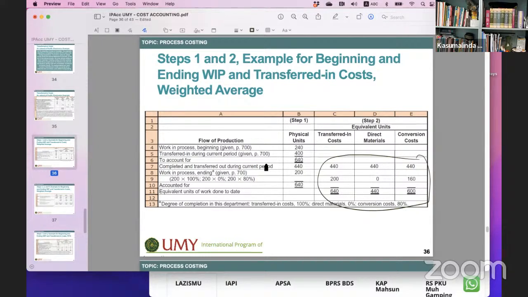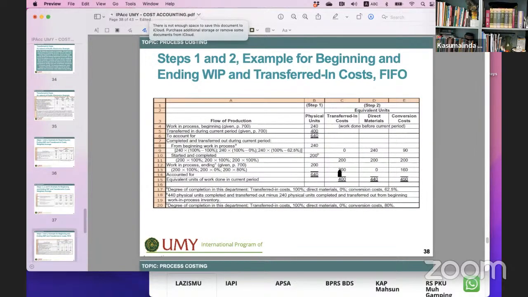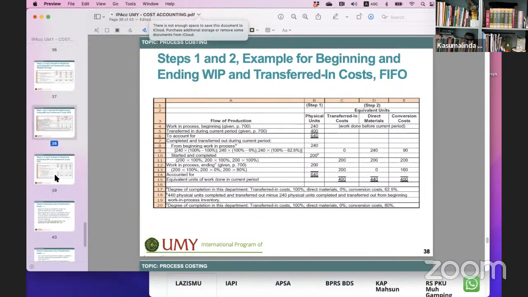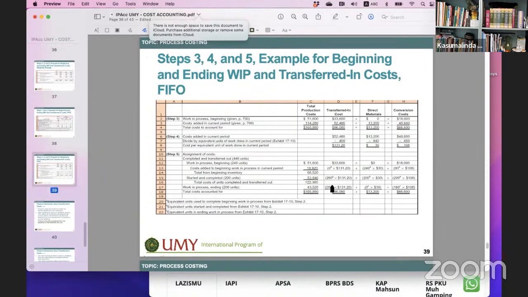So for completed and transferred out, all is 440, and for work in process 200, 0, 160. So when we assign the cost, the work in process is 200, 0, and 160 similarly, and we multiply with its own cost per equivalent unit.